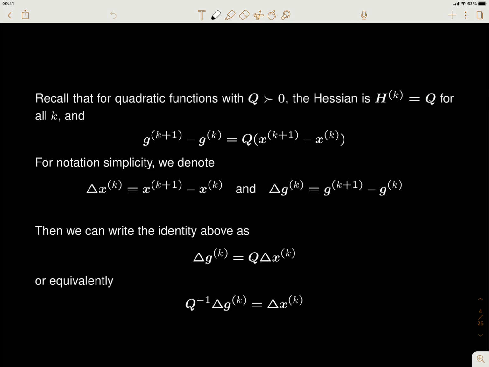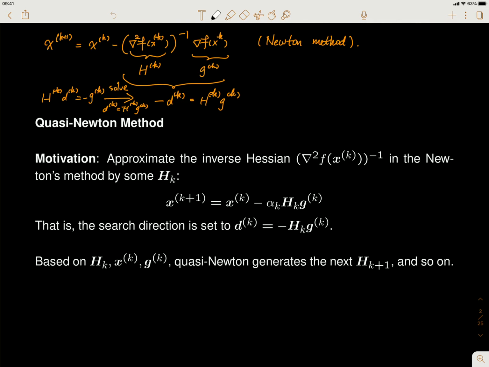Okay, today we go into details about the Quasi-Newton method. Recall the Quasi-Newton method is presented in the following way. We update xk to xk plus 1 by subtracting this.